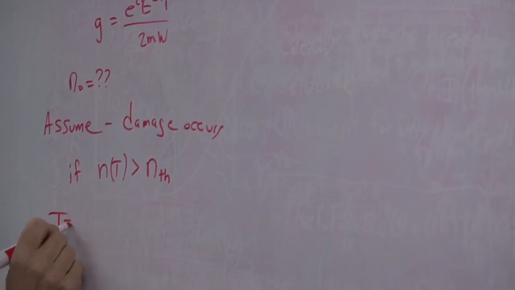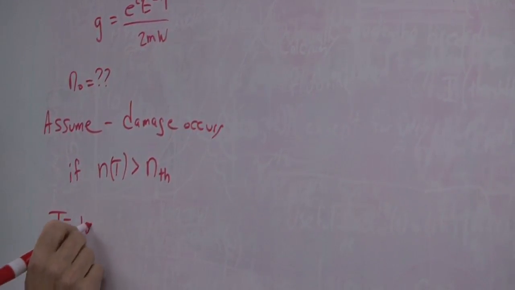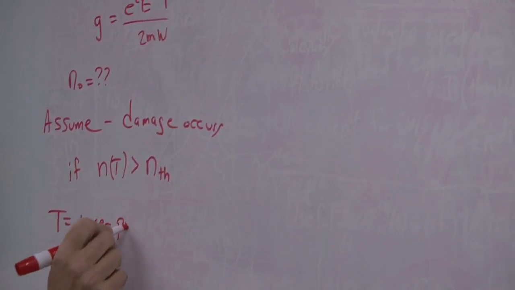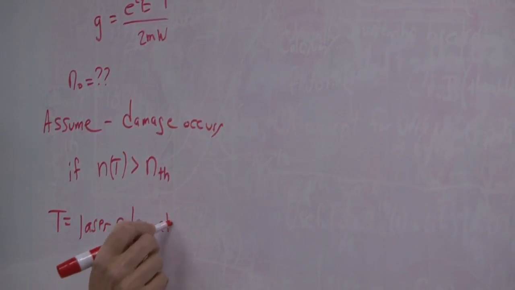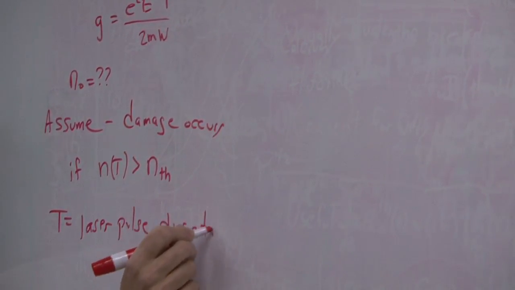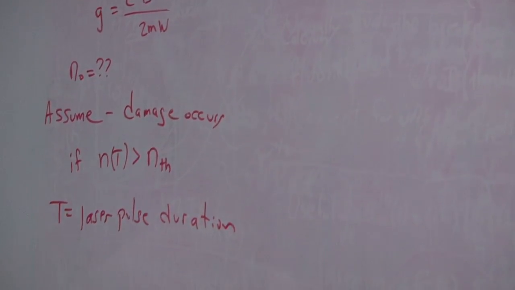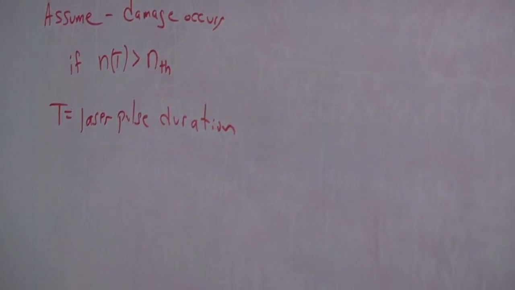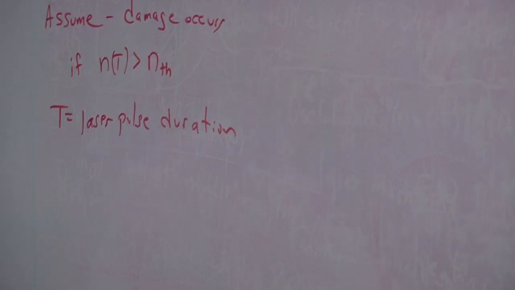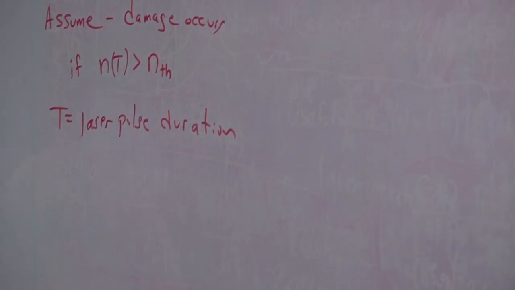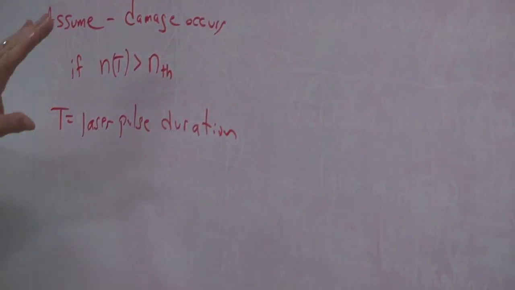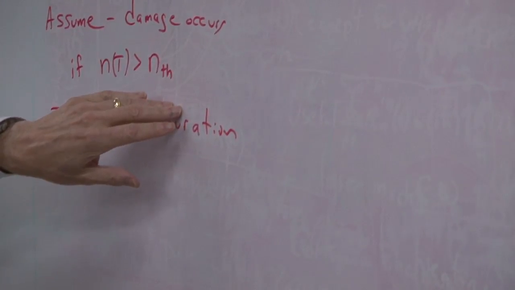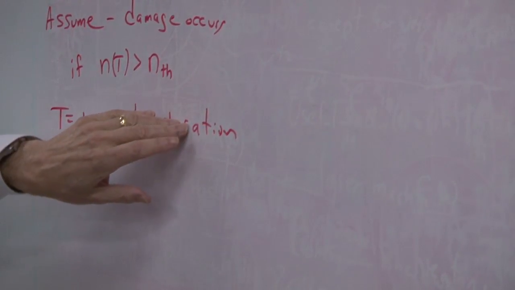And here t is the laser pulse duration. So if by the end of the pulse, right, our model here says that the number of free electrons keeps growing. If by the end of the laser pulse you have a certain number of free electrons, you're going to damage the material.